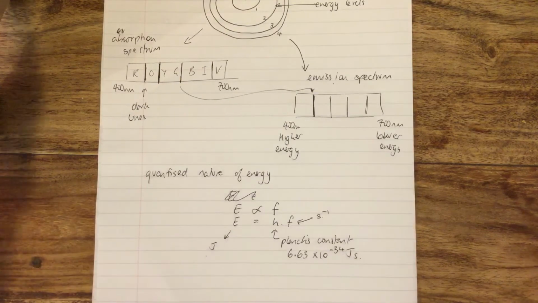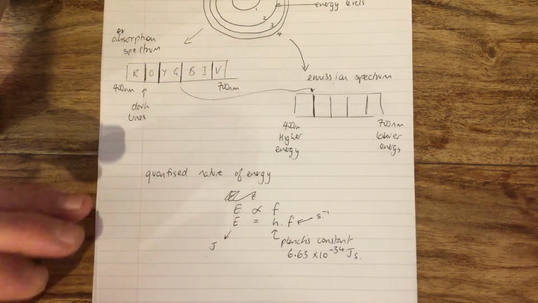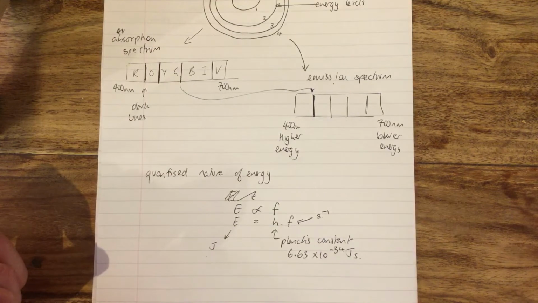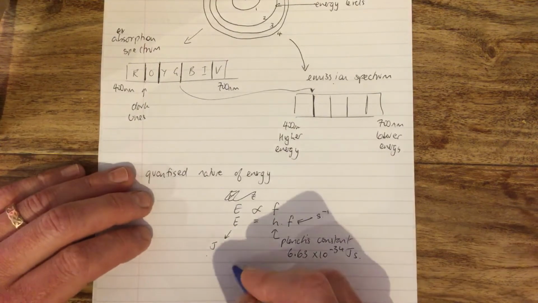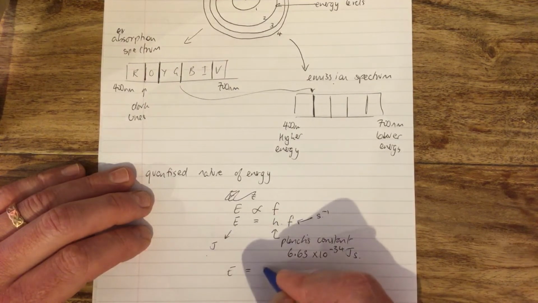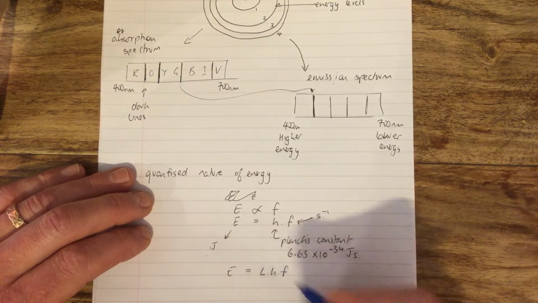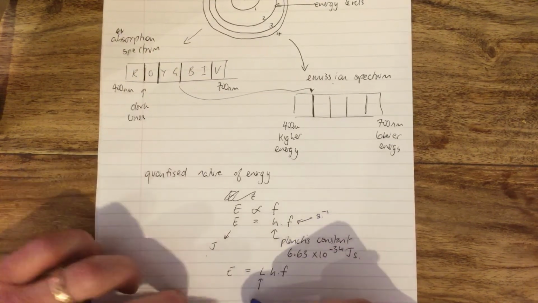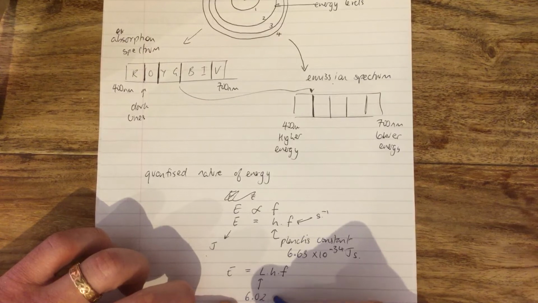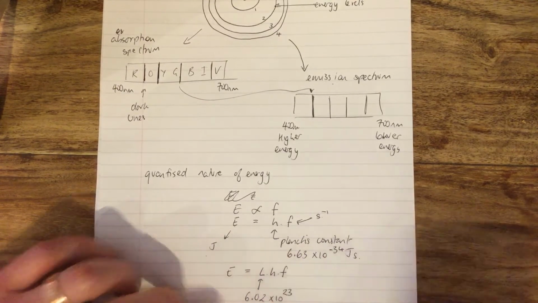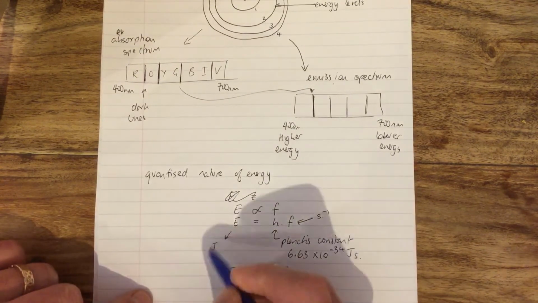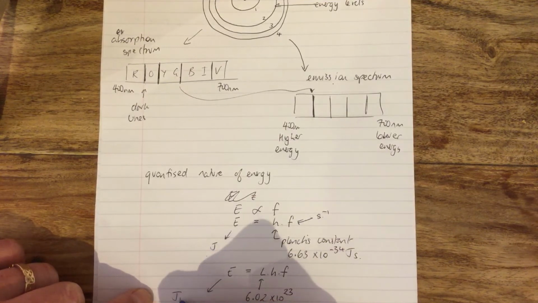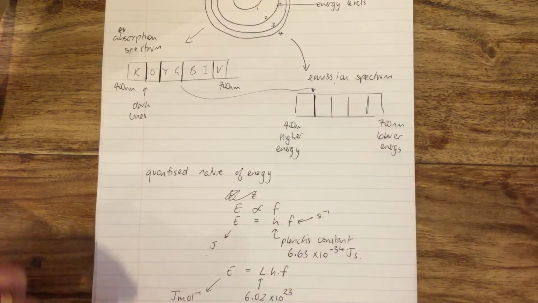Now, because we're in chemistry and we're dealing with particles, we can turn it into per mole of photons by multiplying by Avogadro's number. So we put an L in front of hf. That is the missing constant, which is 6.02 times 10 to the 23 particles. So we can now turn the energy into joules per mole.